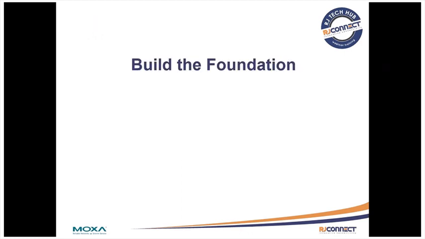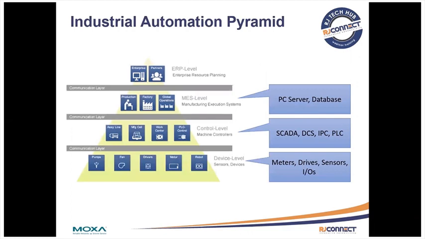Let's start by building the foundation. So with an industrial automation system, you can look at it as a pyramid. In the bottom, we've got our communication layer, where we've got our sensors and devices and IOs and so on. The next layer, we've got our control level. This is where our SCADA, our DCS systems and PLC systems usually reside.